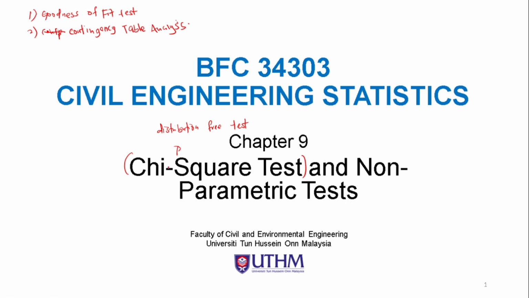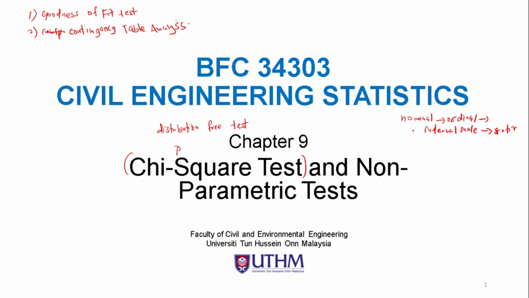So for chi-square test, basically it involves categorical variables. We already learned in chapter 1 the levels of measurement. It starts from nominal, ordinal, and then interval scale, and the last one is ratio.